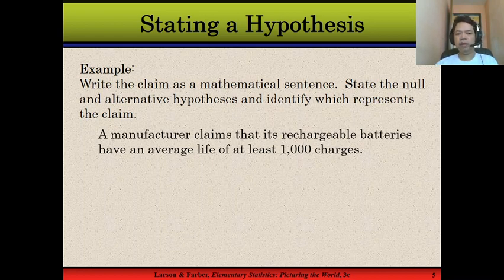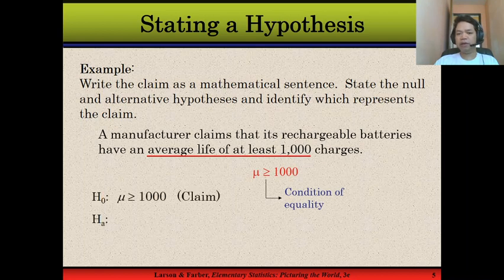So example 1. A manufacturer claims that its rechargeable batteries have an average life of at least 1,000 charges. So there is the word average life of at least 1,000 charges. Ibig sabihin that is greater than or equal to 1,000 or from 1,000 above. Since yung symbol ay greater than or equal to, this will be the null hypothesis kasi meron siya equal sign.